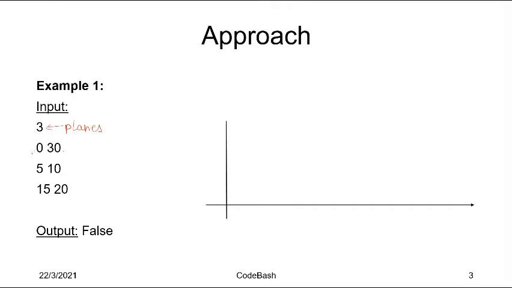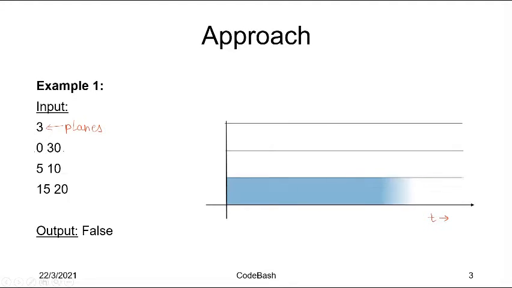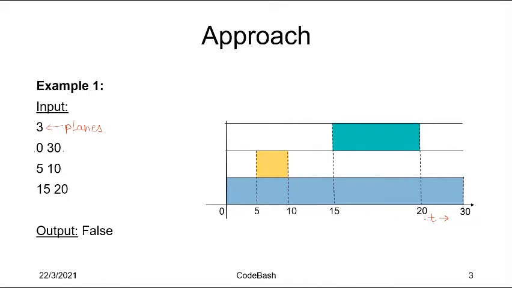It starts at t equal to 0 and goes till t equal to 30. We can consider this as a plot, as you can see here. Consider this to be your time axis as we move along, starting from 0. The first flight runs from 0 till 30. The second flight runs from t equal to 5 to t equal to 10, and the third flight runs from t equal to 15 to t equal to 20.